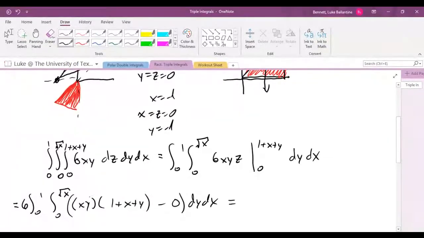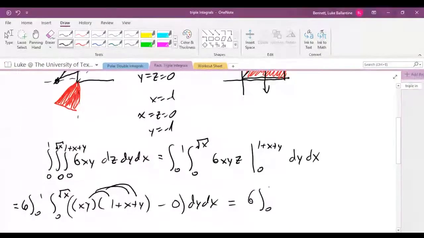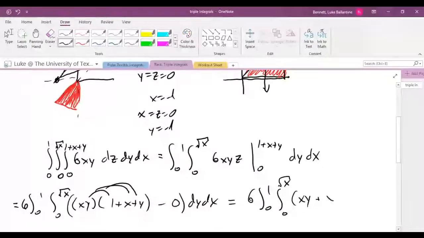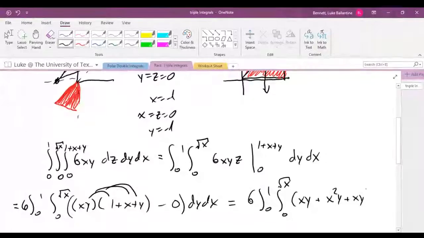Okay, if we want to distribute, what do we get? We have 6 times the integral from 0 to 1, the integral from 0 to square root of x, of xy plus x squared y plus xy squared, dy dx.